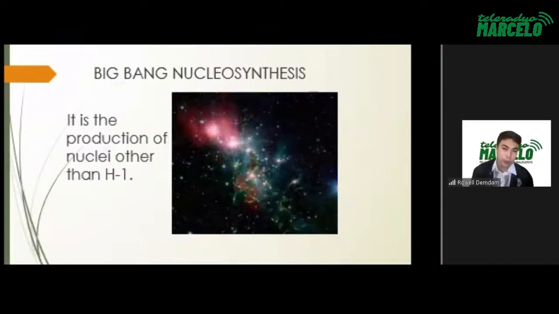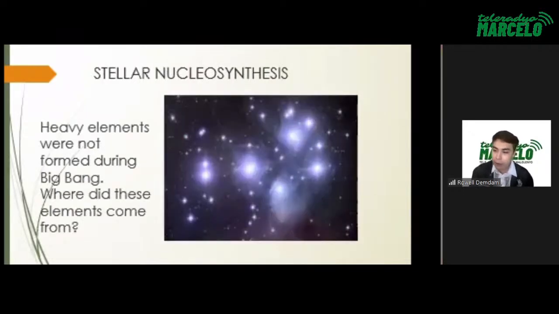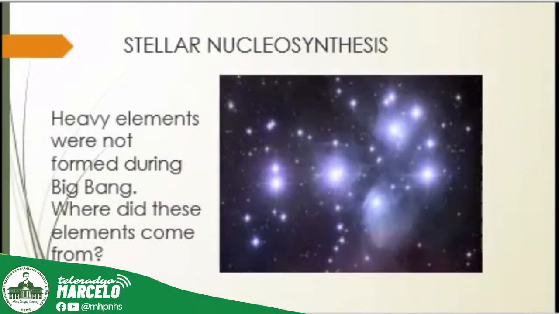And this collision of protons and neutrons took place, and deuterium, an isotope of hydrogen, was formed. Most of the deuterium combined to make helium, and trace amounts of lithium were also produced. So heavy elements were not formed during the Big Bang nucleosynthesis. Now the question is, where did they come from?